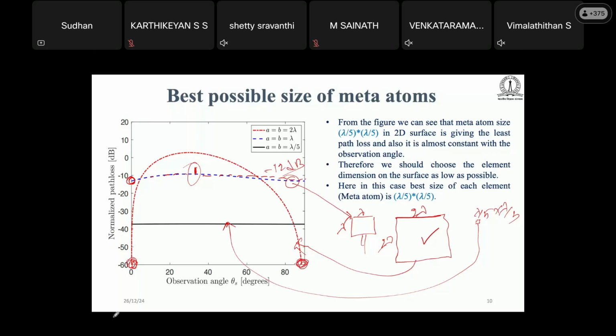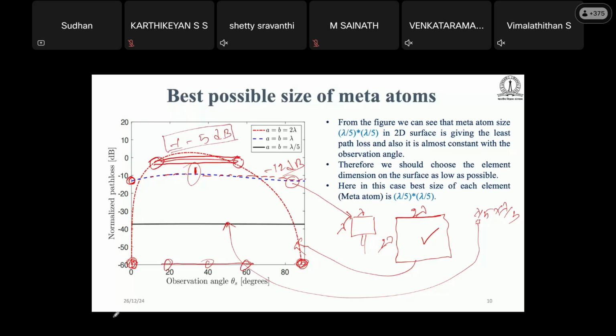But around 40 degree or 20 degree or 60 degree, within this region, the loss is very significant. You can see that this is the loss region. It is almost minus 1 to minus 5 dB loss, which is very significant.